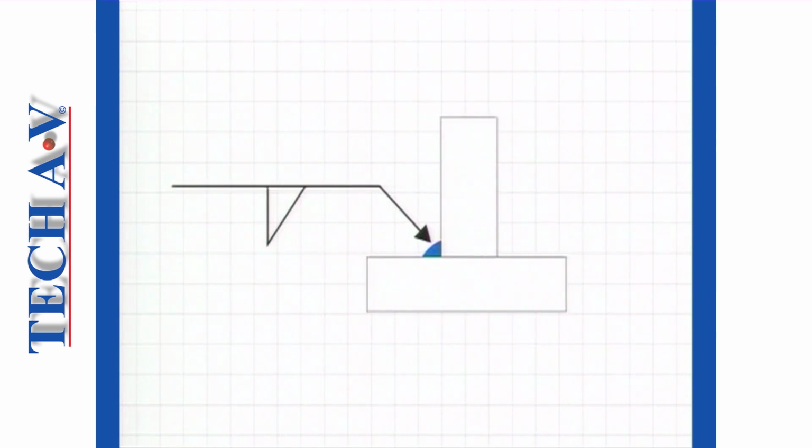Placing the symbol below the line tells the welder to weld only on the arrow side of that joint. When a symbol appears above the line, then the weld must be effected to the other side of the joint. It naturally follows that should the symbol appear on both sides of the line, then we must carry out the instruction to both sides of that joint.